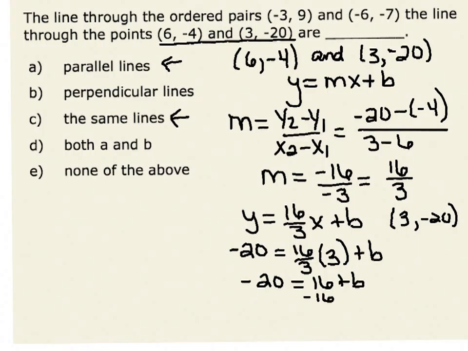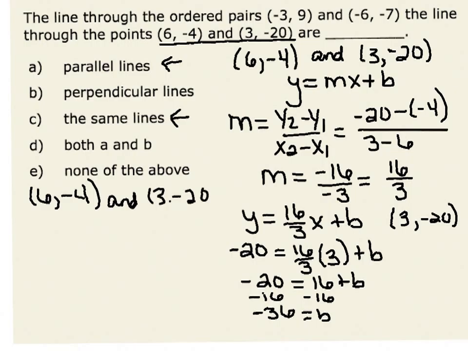Subtracting 16 from both sides tells me that b is equal to -36. This tells me that the equation of the line that passes through (6, -4) and (3, -20) is y equal to 16/3 x minus 36.